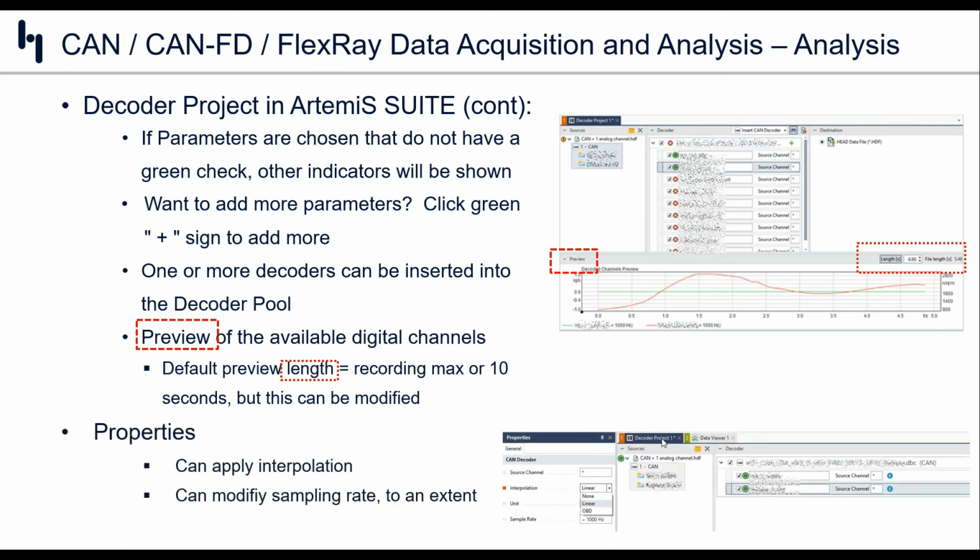So some properties of the items in the source pool, or sorry, in the items in the decoder pool. You can apply an interpolation or have none. You can also modify the sampling rate to an extent. So it'll always be a factor of the main max sampling rate. So for instance, 1,000 hertz here, notice a tilde, that means it's about 1,000 hertz.